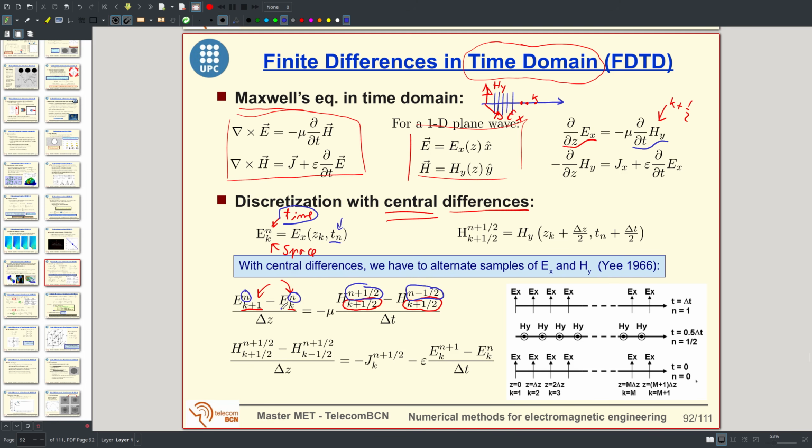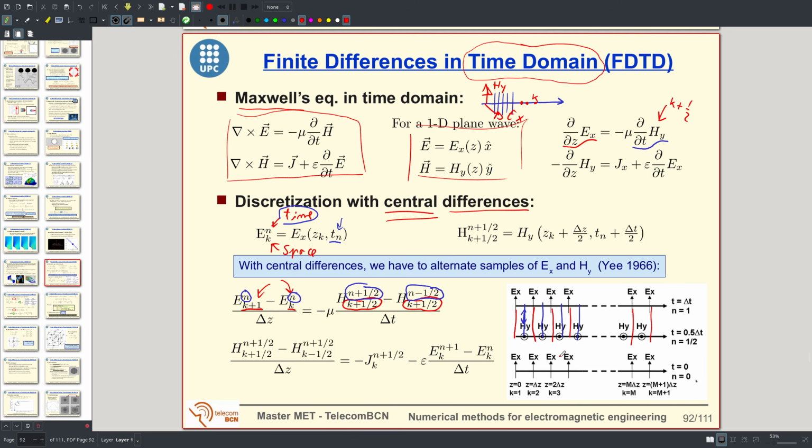This is very important because it means that the samples of the electric field and the magnetic field are interleaved both in time and in space. The samples of the magnetic field are at the middle points of the samples of the electric field, both in space and time, and vice versa.